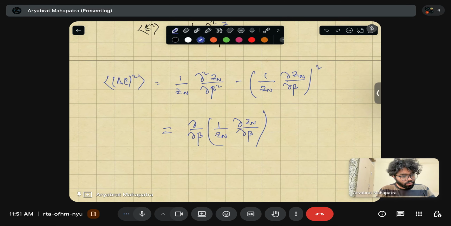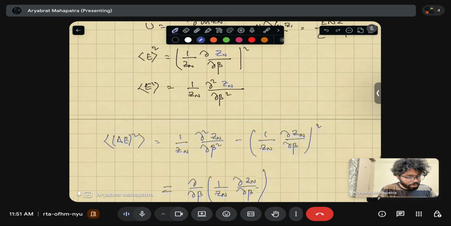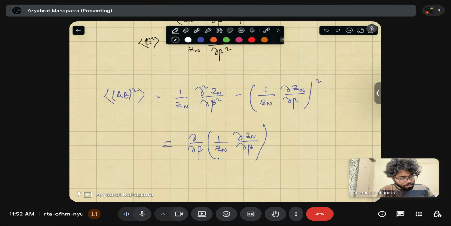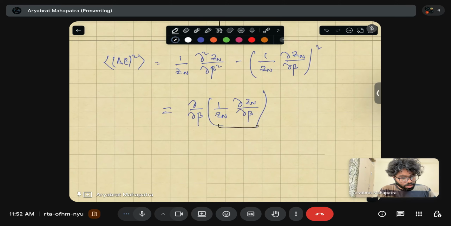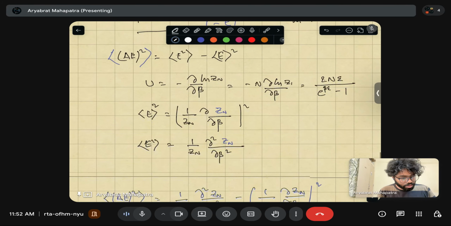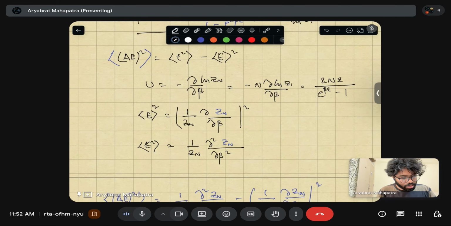So what advantage do we have right now? This term is basically equal to u, the u which we have written down here.